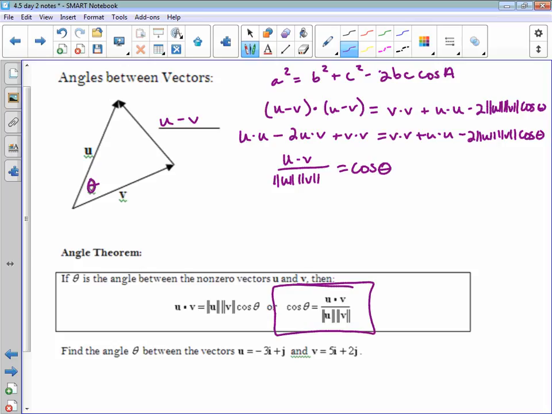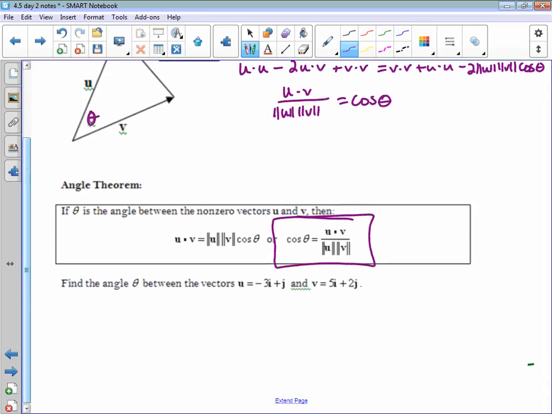So really, for this first part here, I'm doing the magnitude squared. You remember from the previous slide, magnitude squared is just the dot product of itself. You good? Okay, perfect.